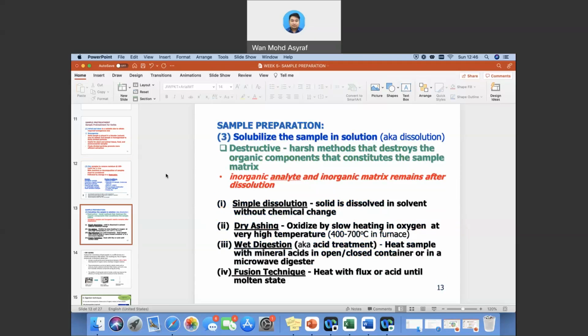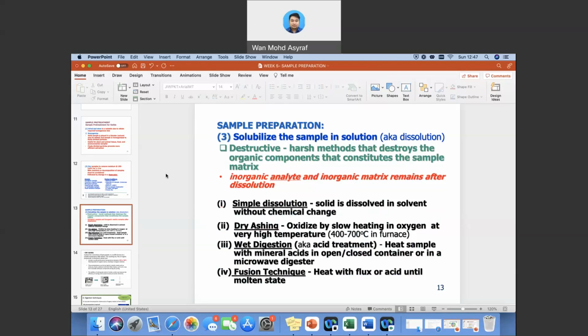Organic analyte and inorganic matrix remain after dissolution. For example, in our fish sample, the lipids or the oils inside the fish would be destroyed, but only inorganic analyte and inorganic matrix will remain after dissolution.